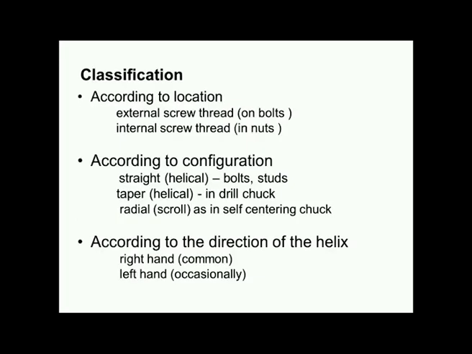Now, let us study how these screw threads are classified. They are classified according to the location, that is whether the screw threads are made on the external surface as in bolts, or whether they are made on internal surface, for example nuts.